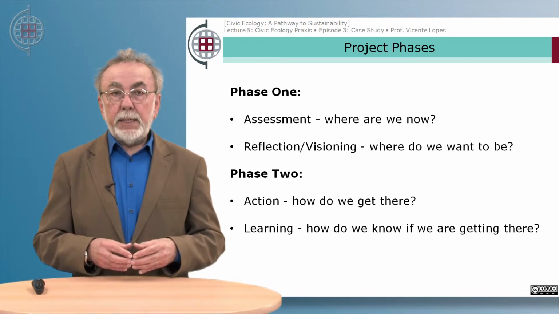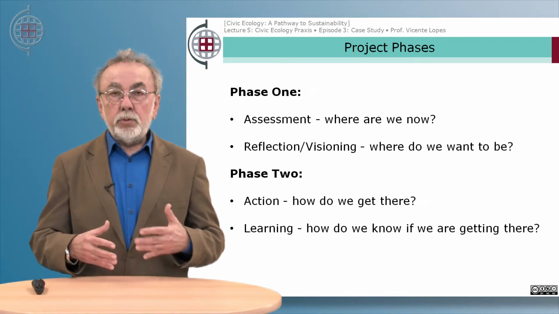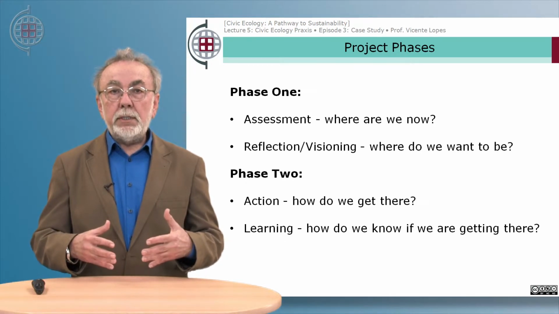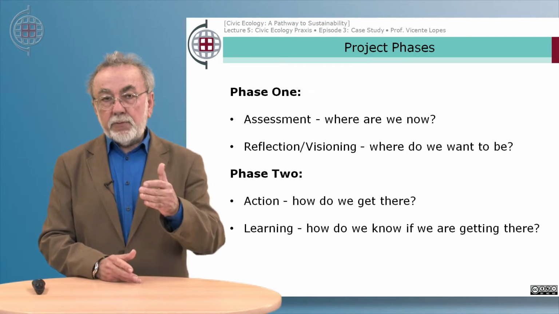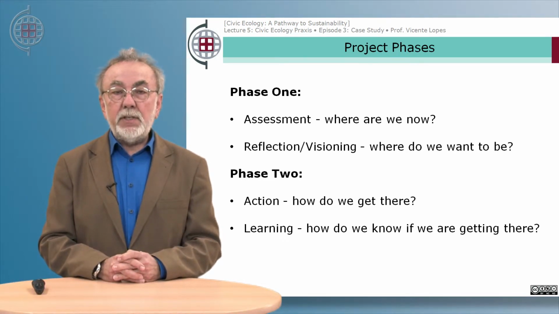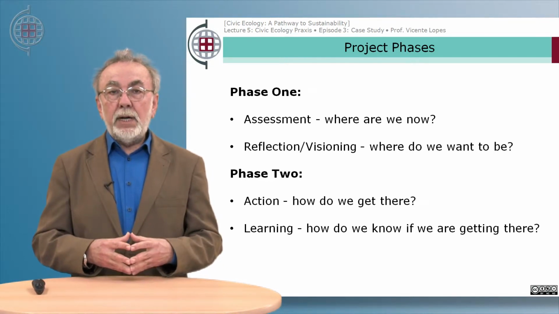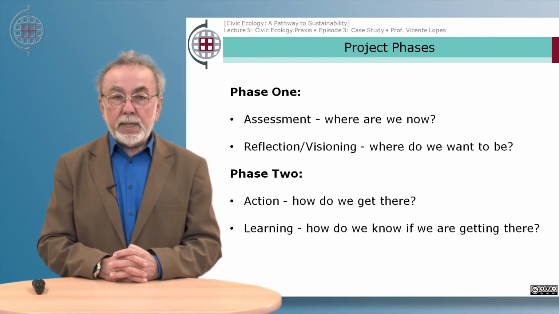It was an assessment of the biophysical, social, and institutional conditions currently prevailing in the watershed. Once that phase was concluded, we moved to a reflection or visioning phase, where we essentially developed tools to attempt to answer the question, where do you want to be?